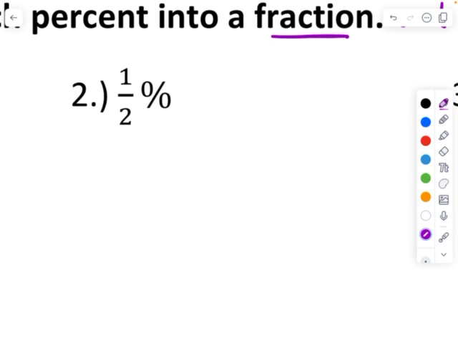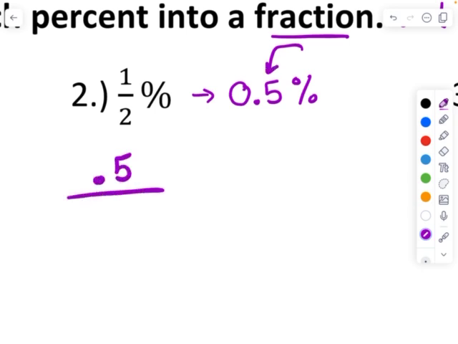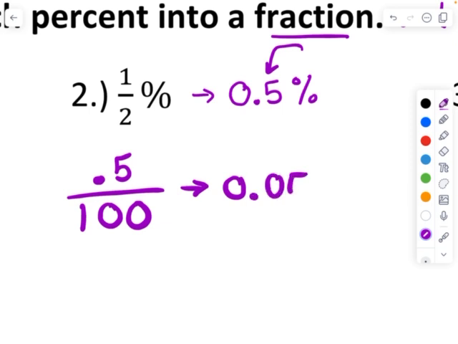Let's take a look at number 2, 0.5%. Ooh, 0.5%. Well, we know that half can really be 0.5%. That is a tiny number. So let's put this over 100. So 0.5 divided by 100 is really 0.005.